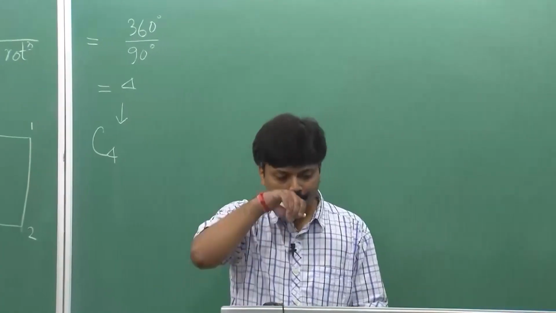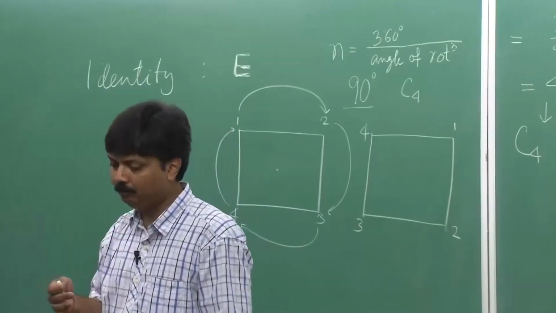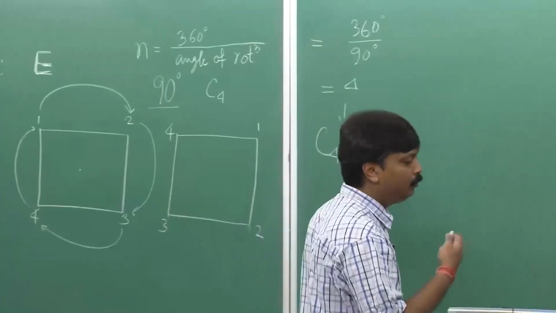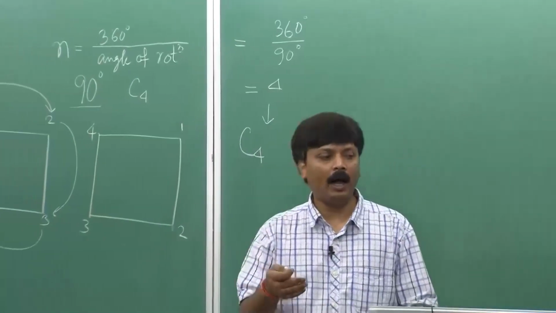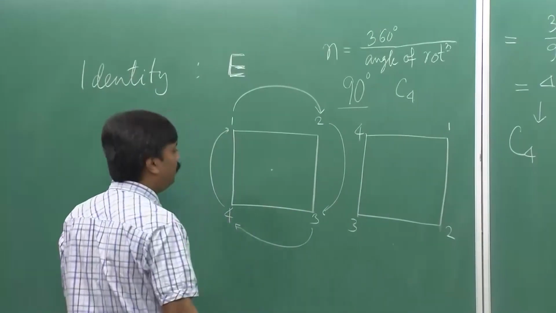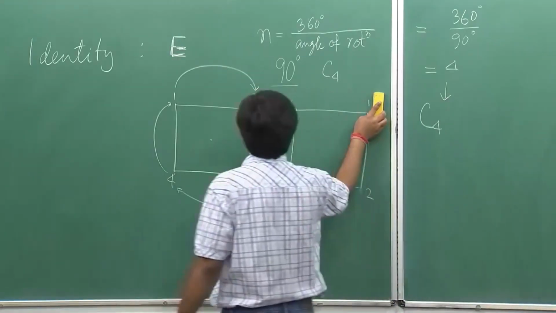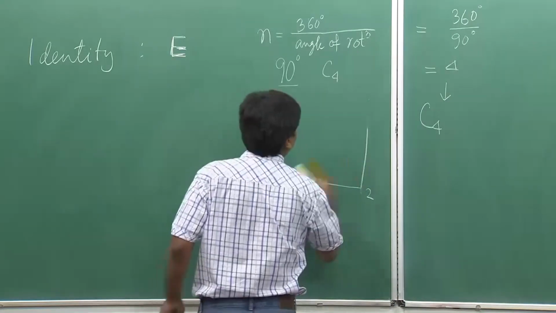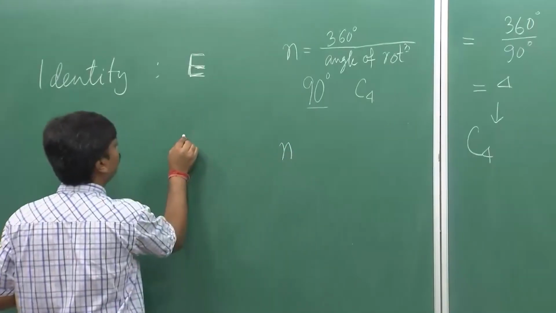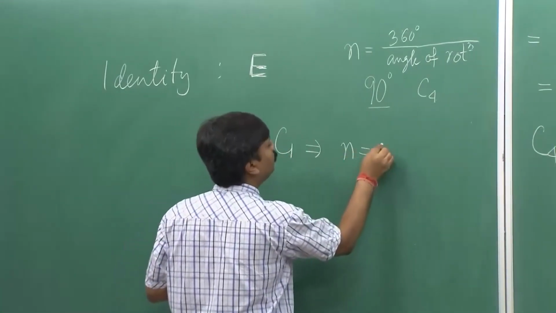Now, you can see that I can vary the value of n. I can go from, say, C3, 4, 5, 6. So I have not written there C1. Why not? Because C1 will mean what? From this particular relation, it will mean that n for C1, n equals 1.